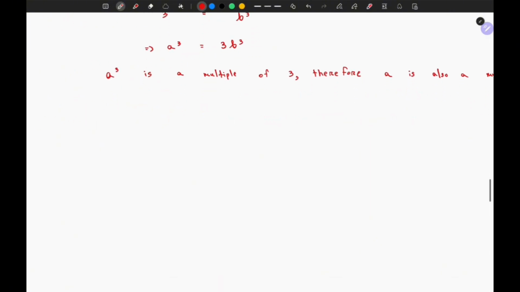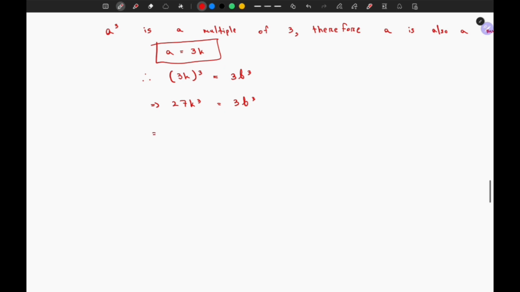So now we can write a as 3 times k. So we can write a cubed as 3k whole cubed. You don't need to write this in the answer script. So that's 3k whole cubed equals 3b cubed. So this is 27k cubed over 3 equals 3b cubed.